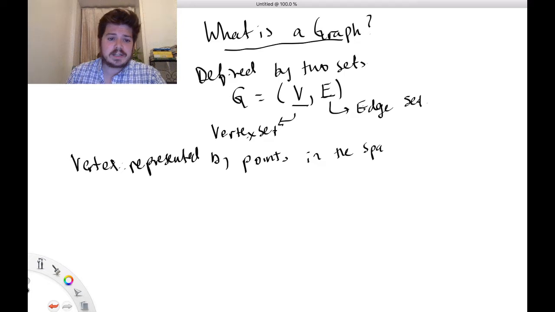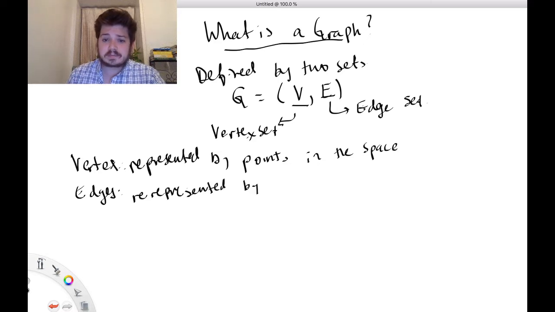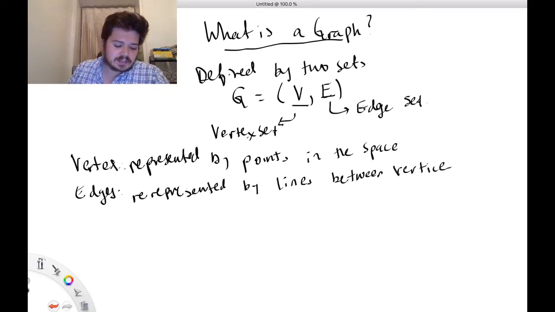And then edges are represented by lines between vertices. Forgive my handwriting, this is very new to drawing on a computer, so bear with me. So Vi and Vj are vertices.